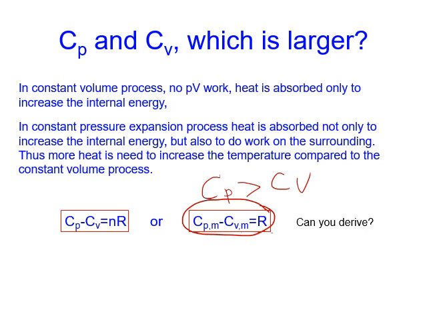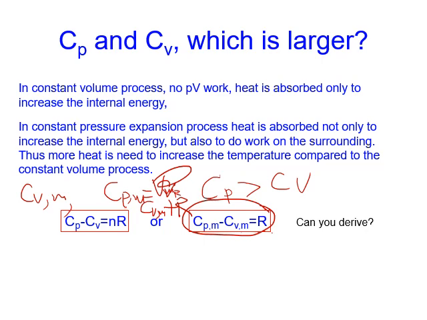So if you are given Cvm, you can calculate Cpm by Cvm plus R, because Cp is greater than Cv. You need to add the R constant, and that makes calculation more convenient.